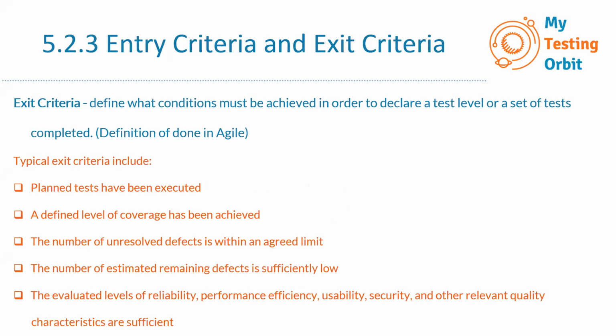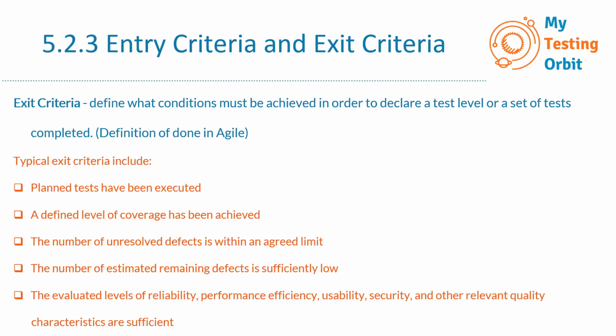The next one is exit criteria. This defines what conditions must be achieved in order to declare a test level or a set of tests completed. Similarly, in Agile, this term is known as definition of done. Let's see what are the few things included in exit criteria.